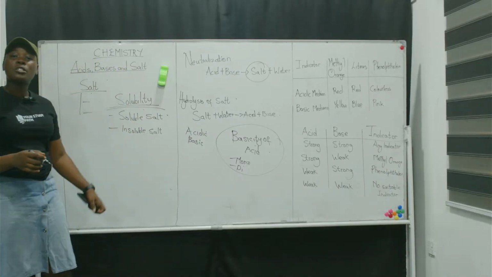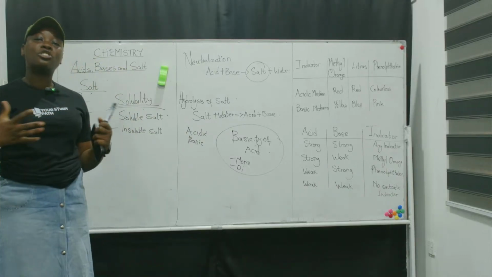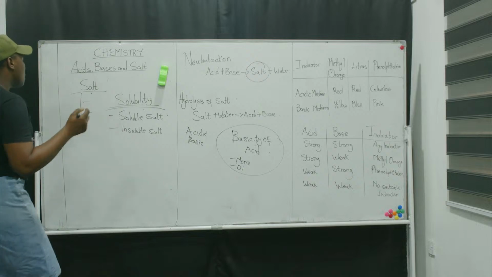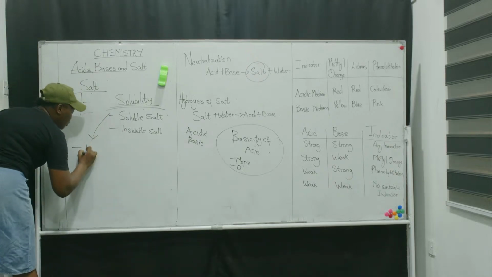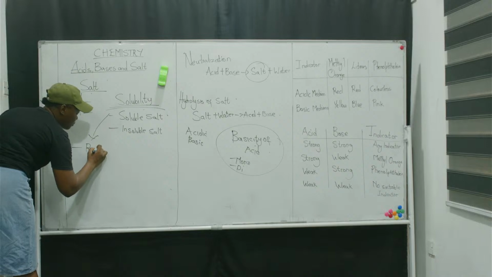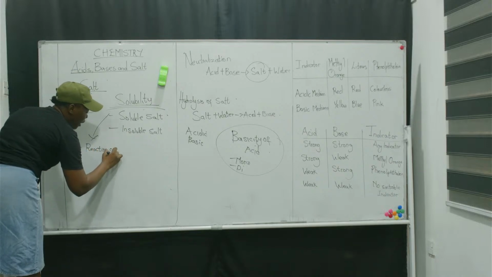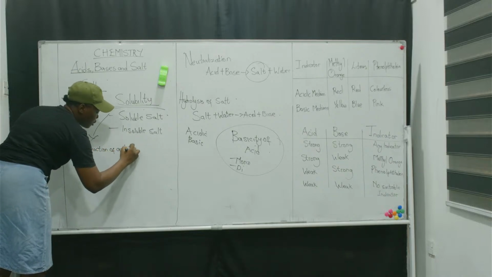For soluble salt, that's where you get it from the neutralization reaction. So for soluble salt, the way to get it: one, the neutralization, that's the reaction of acid plus base.